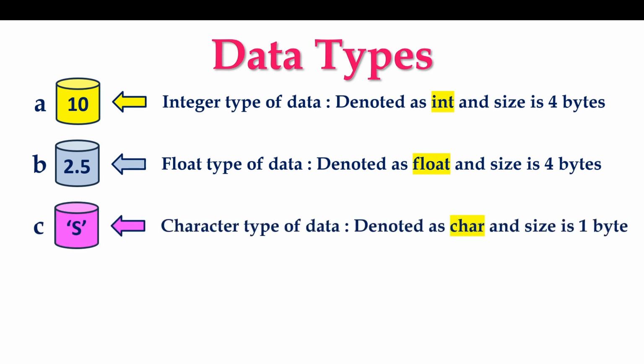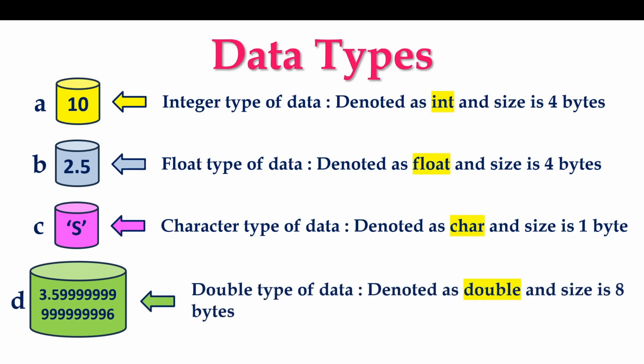And character data type can be denoted as char in the program. And to store a single character, we need 1 byte of memory.